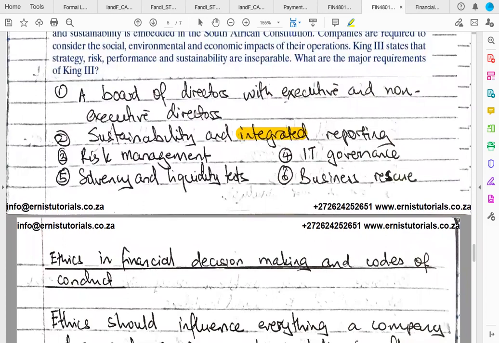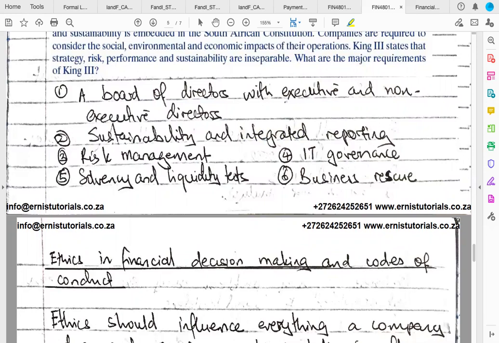In other words, a company shouldn't just report on its finances, it should also report on its social responsibilities, its ethics, what it is doing for the betterment of society, and how sustainable the business is and the way the company is operating.